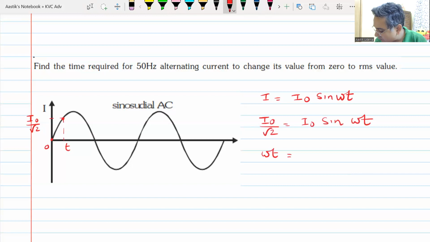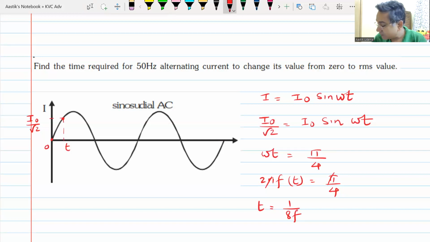From here, you get omega t as equal to pi by 4. Omega is 2 pi into f. 2 pi into f into time t is equal to pi by 4. So time t becomes 1 by 8 f. The frequency is given as 50 hertz. From there, you should be able to calculate this value.